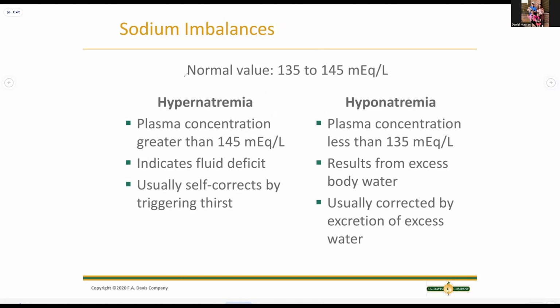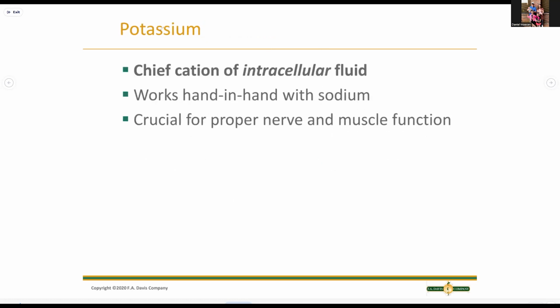Potassium. That's on the next page, page 413. Big things for potassium: I don't care about the range or anything. Here's your big thing. Chief is the same as saying main. Our main extracellular ion that we care about for electrolytes is sodium.